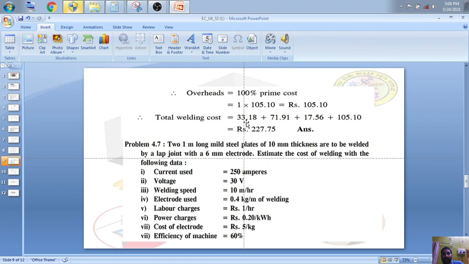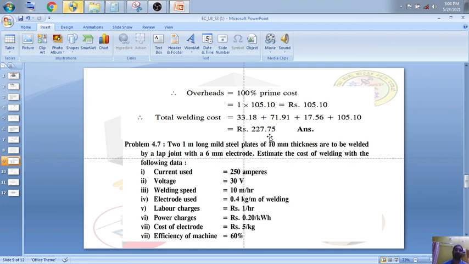So 33.18 is the labor cost, 71.91 is the material cost, 17.56 is the power charges, and 105.10 is the overhead charges. Adding all these, we get the total welding cost as 227.75.